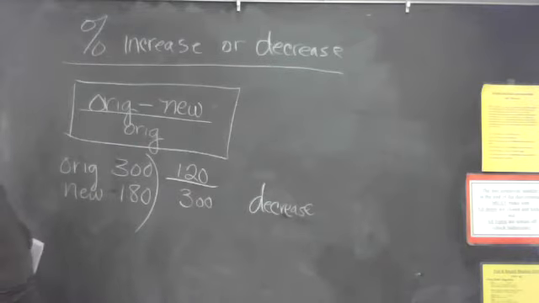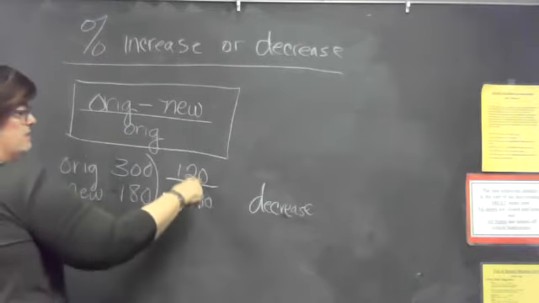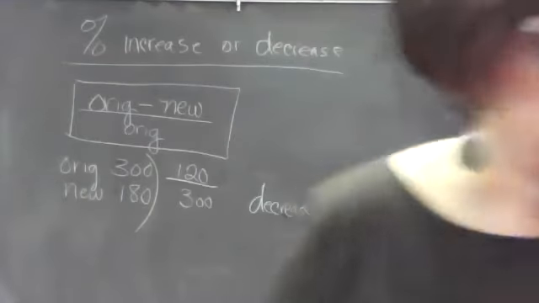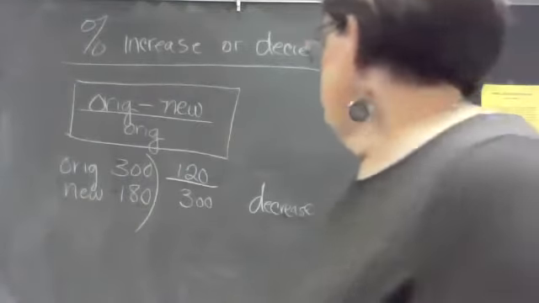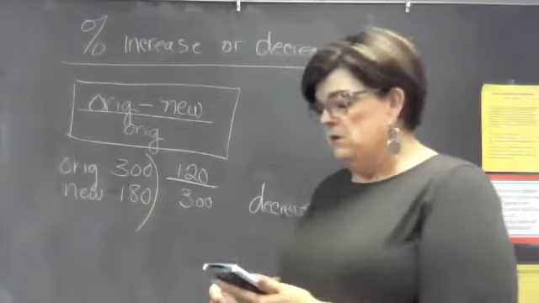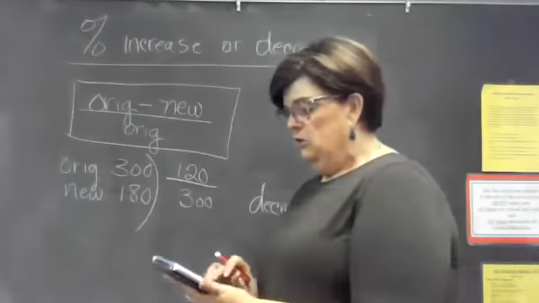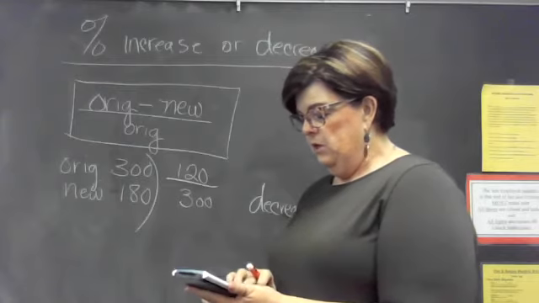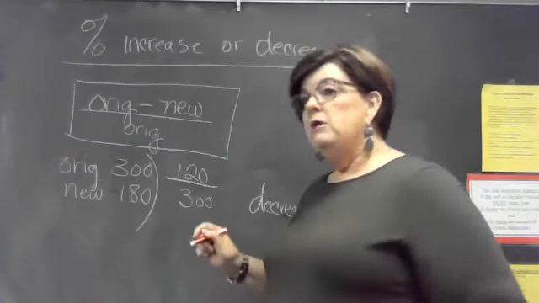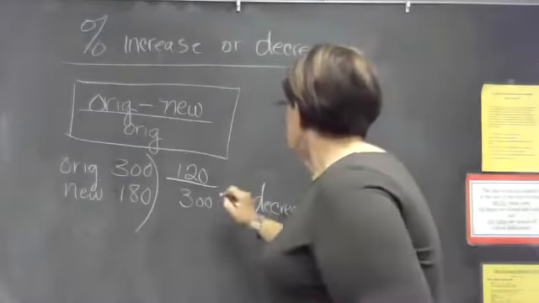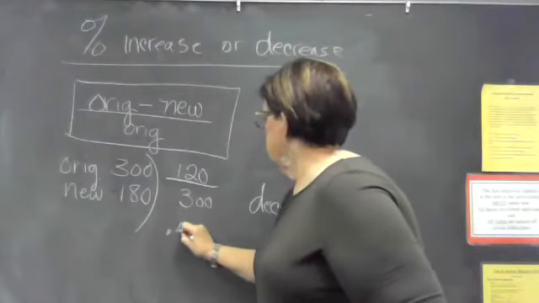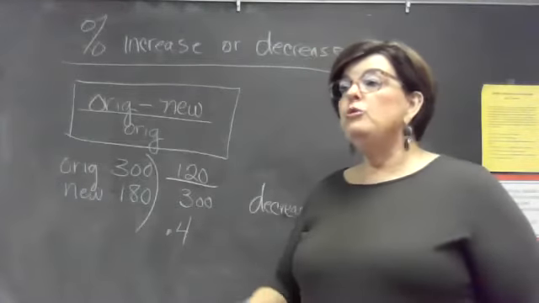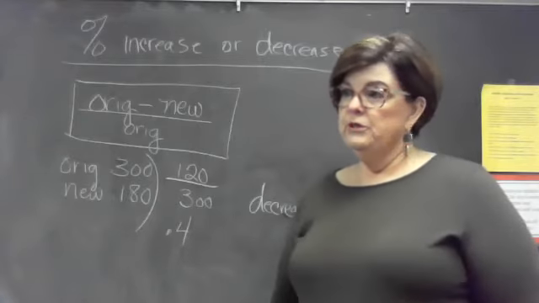And all you have to do from here is divide these out and get a decimal. Calculator. Because you know that the fraction sign means divide, remember that. So we have 120, you put that in first, divided by 300. Now we're going to get 0.4. That's the decimal, but I taught you how to change the decimal to percent.